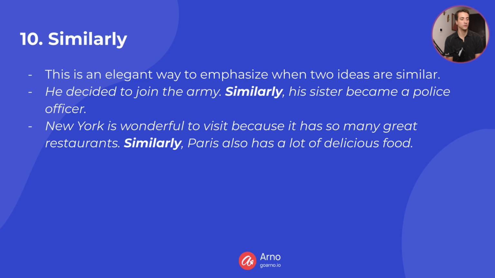New York is wonderful to visit because it has so many great restaurants. Similarly, Paris also has a lot of delicious food. Both New York and Paris have a lot of great food, so we can connect those ideas using similarly. So those are 10 connecting words that you can use right away to raise your score on the DET.